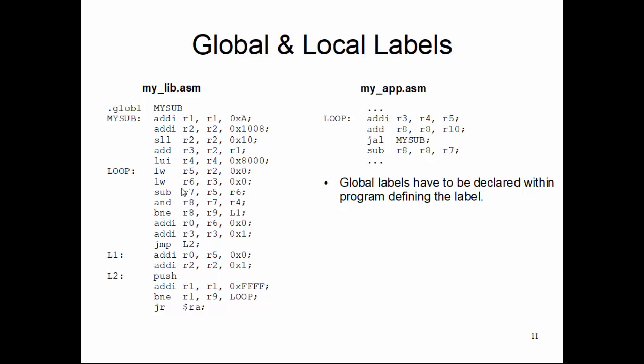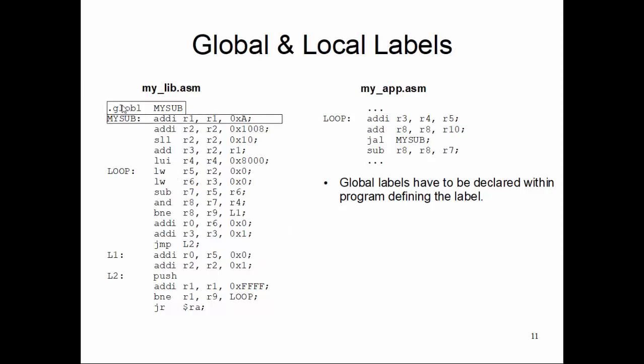If it is used, then that label reference is dereferenced with this definition. Then there can be some other labels like a loop, L1, L2. If some label is not defined as global, it is local to that specific source code.